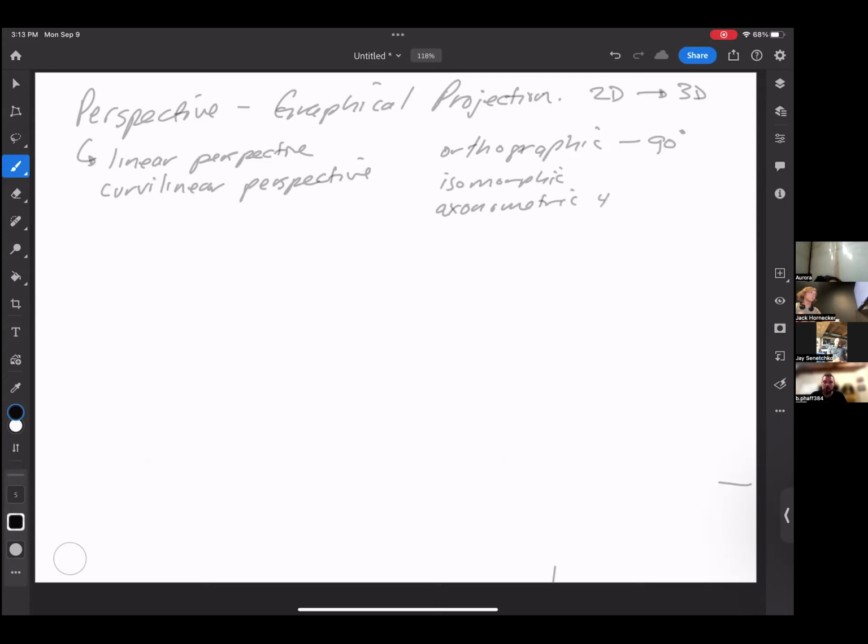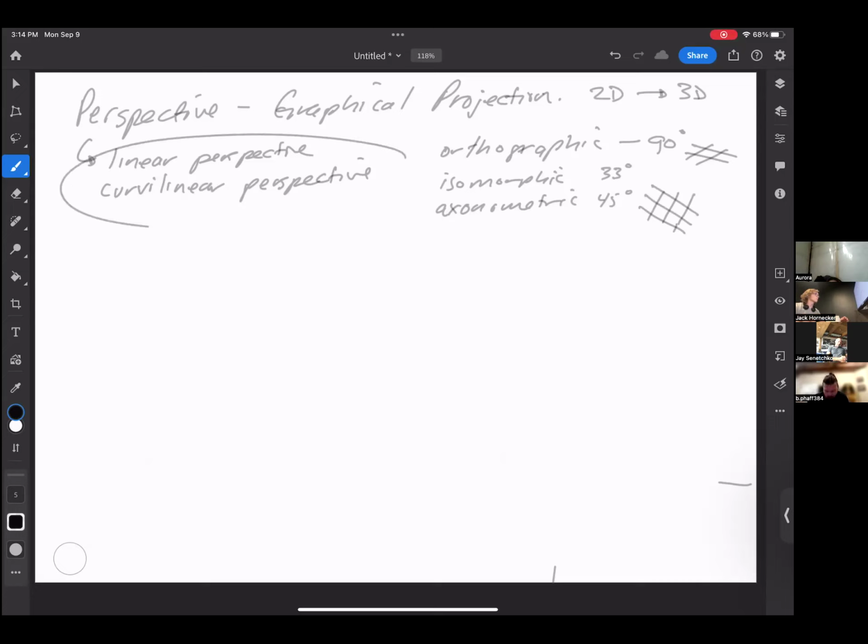I think axonometric has lines that run 45 degrees to each other forever and ever, whereas isomorphic, I believe, is 33 degrees to each other. Lines in isomorphic would look like this with respect to each other, but there would be no recession. With an axonometric, and I might have these backwards, but you'll forgive me, these things run at 45-degree angles to each other.